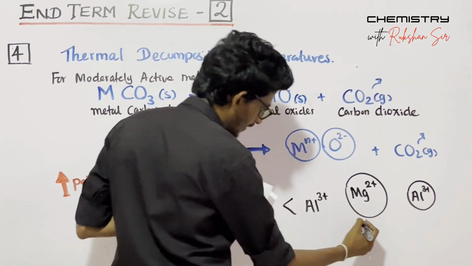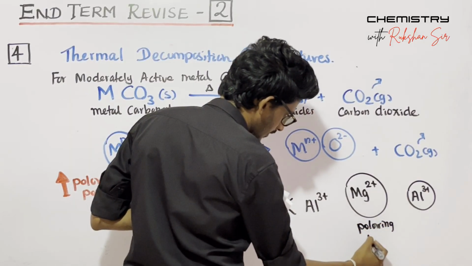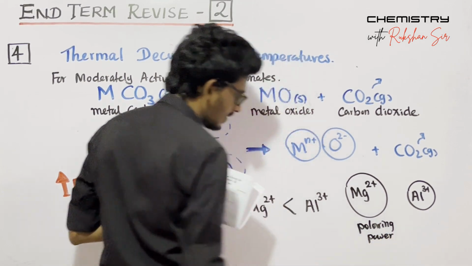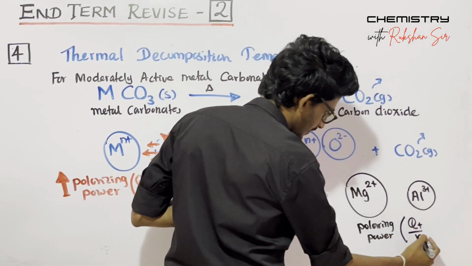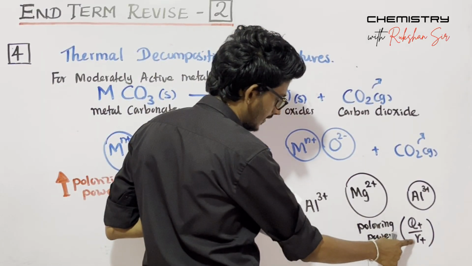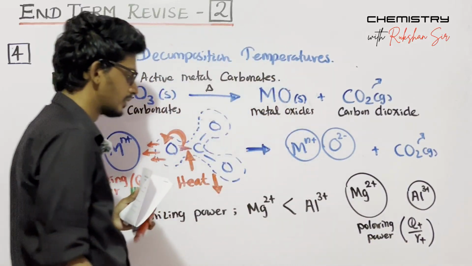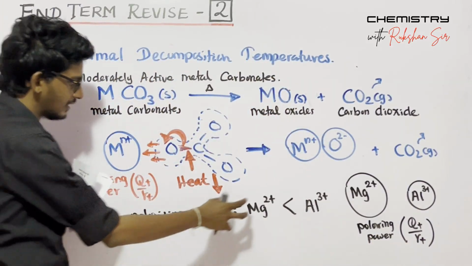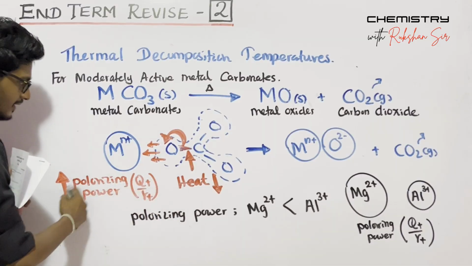And you know the things about polarizing power, right? Polarizing power depends on the Q plus over R plus. So for magnesium, the radius is high and the charge is low. That means polarizing power is low, right? So as the polarizing power of magnesium is lower than that of aluminum 3 plus, heat needed is high.